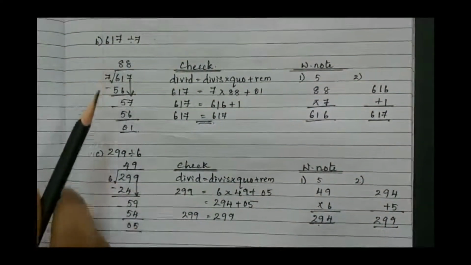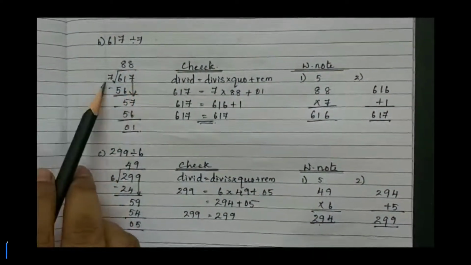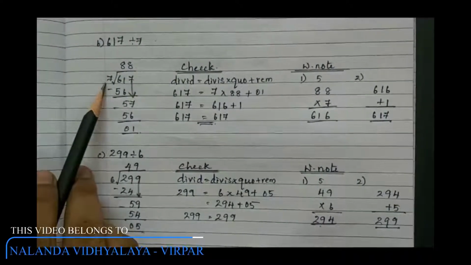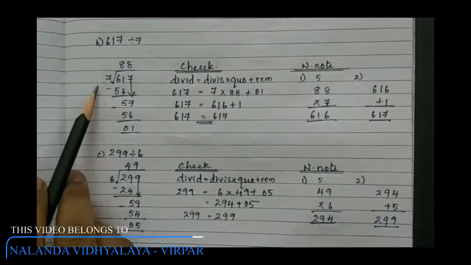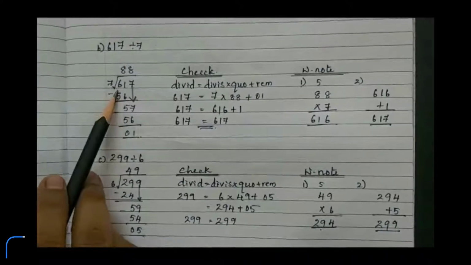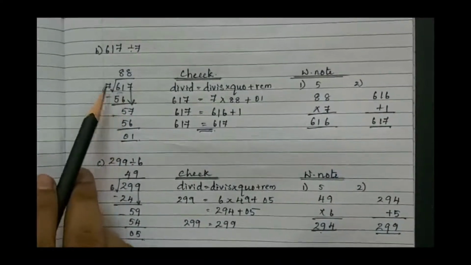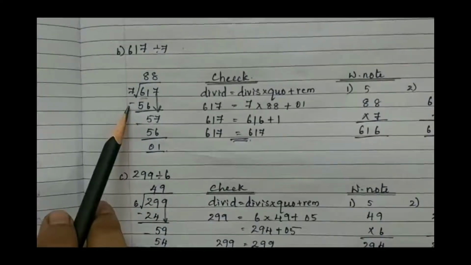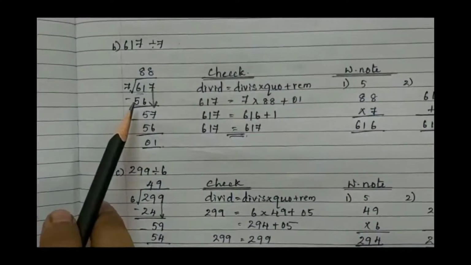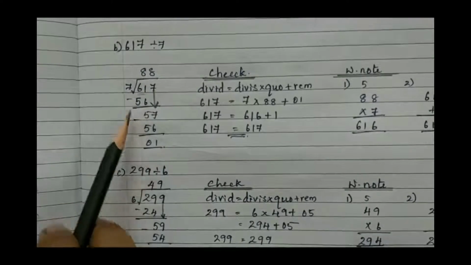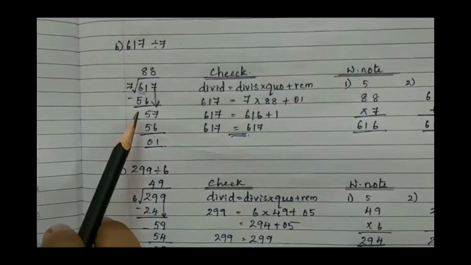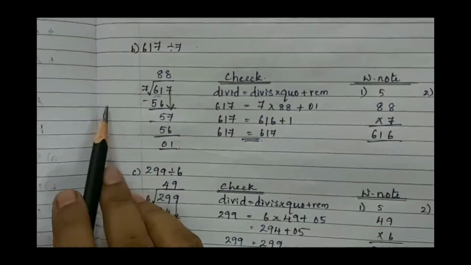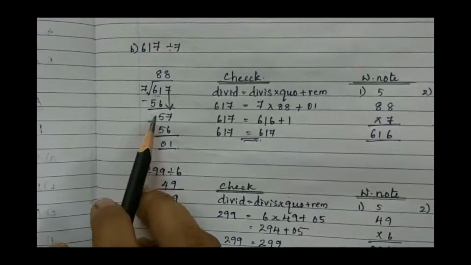Similarly, B. 617 to be divided by 7. 7 how many is 61? 61 is not possible, so we are taking lesser than 8. 7 8s are 56. Sorry. 61 minus 56.